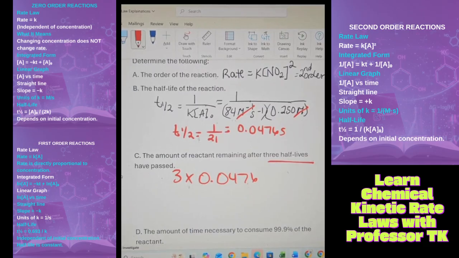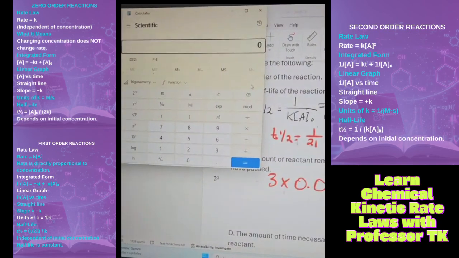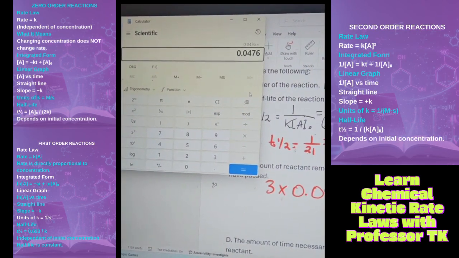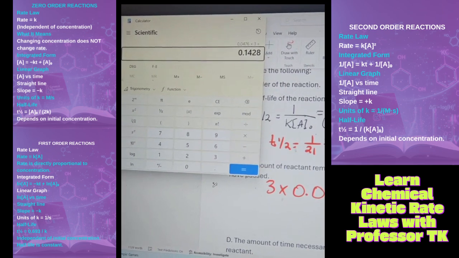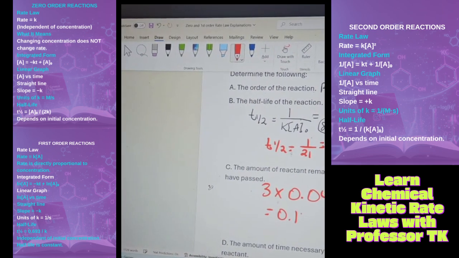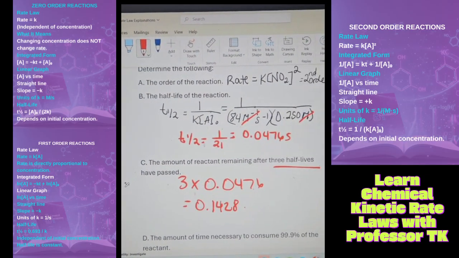So let's pull up our calculator again. Okay. And then multiply that. 0.0476 times 3, and we get 0.1428 seconds. Okay.